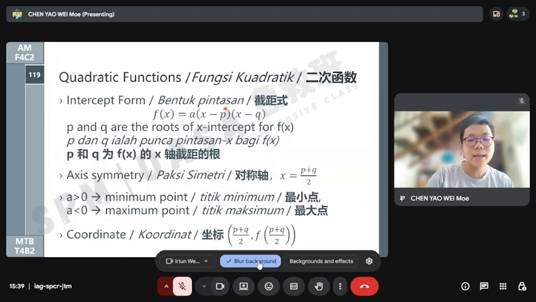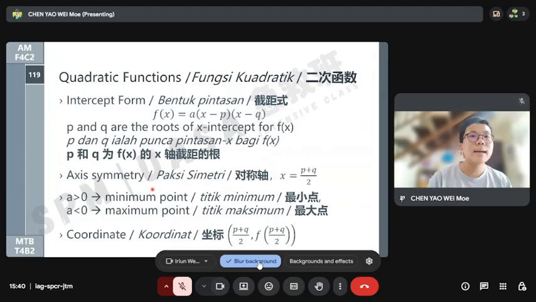You compare this: you take ax squared plus bx plus c, the general form, and you factorize the a first. Later on, you compare both equations, and you can see this is the second one. p and q are the roots, the x-intercepts for f(x).